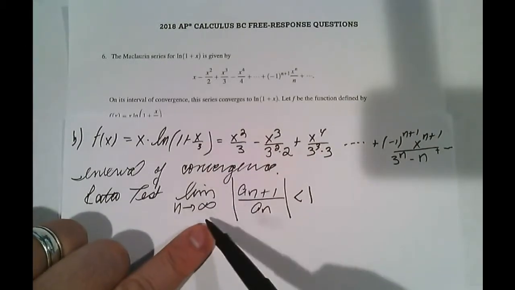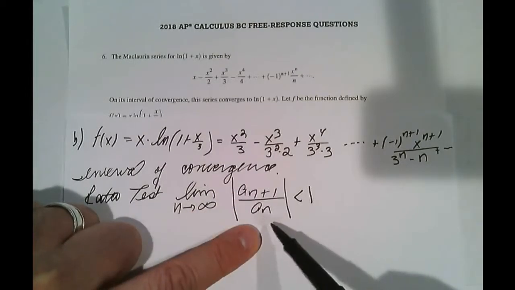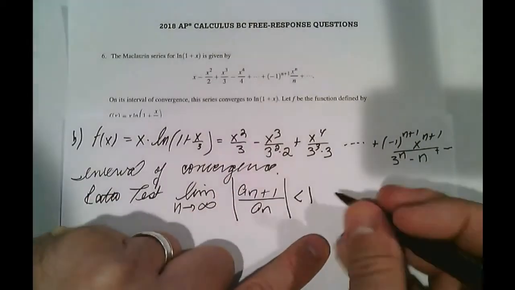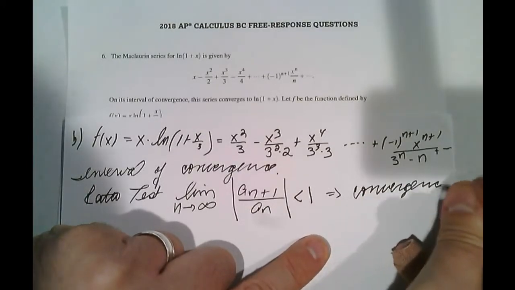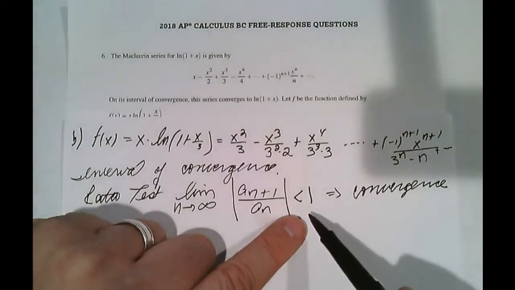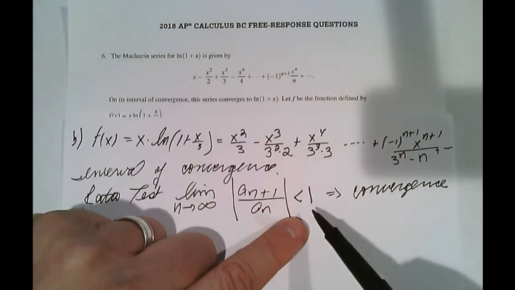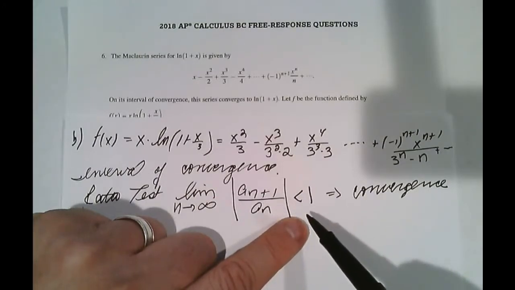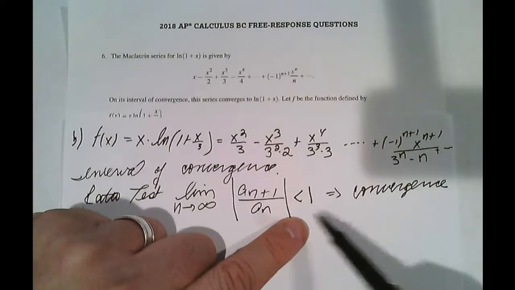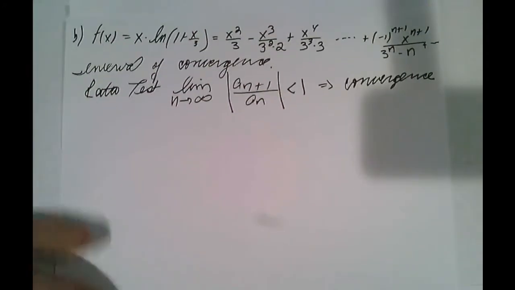If the limit as n approaches infinity of the n plus 1th term divided by the nth term is less than 1, then what we get is convergence. We don't know exactly what happens if the ratio is equal to 1, but we know that whenever the limit of that ratio is less than 1, whatever x values that occurs for, we get convergence. So let's start there.